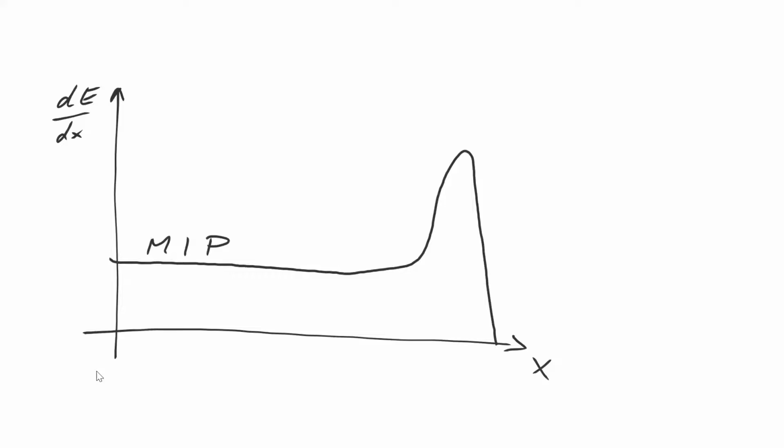So again, it depends on the exact number, how many MeV per unit length. That depends on the material and so on as well. But the point is, most of its energy is lost towards the last part of the path where it stops, and so most energy of charged particles is lost near the end of the trajectory.